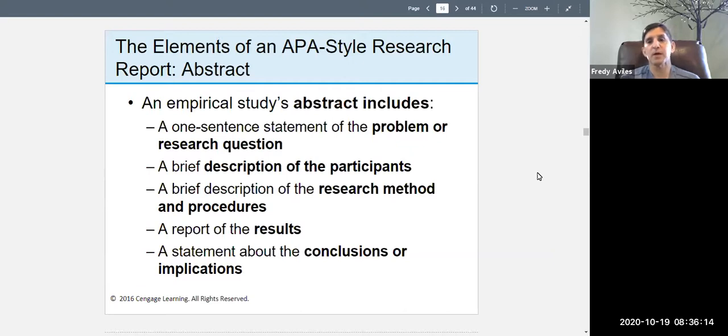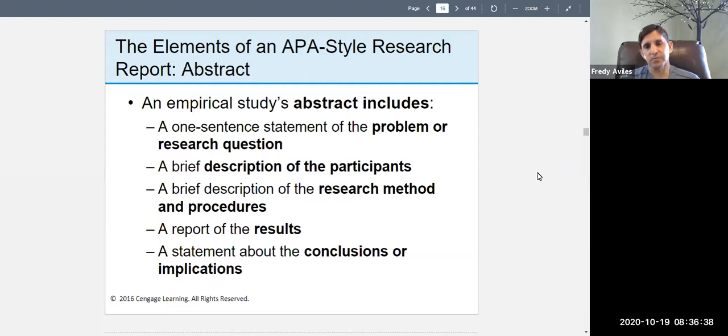A brief description about the research method. A survey was used, a survey with these types of questions. Or just a survey was used to gather information. A report of the results. Results showed this and this, just very briefly, right? And a statement about the conclusions or implications. The results are discussed, something like that.